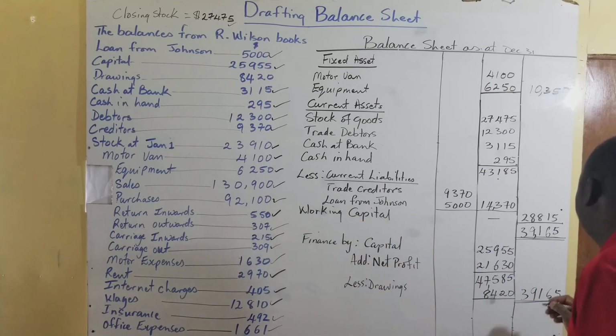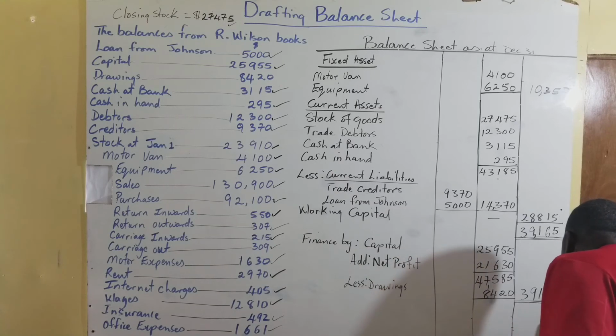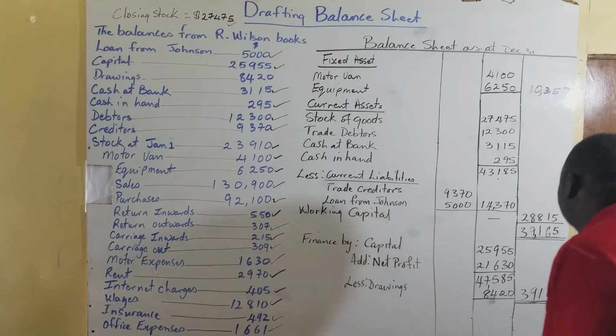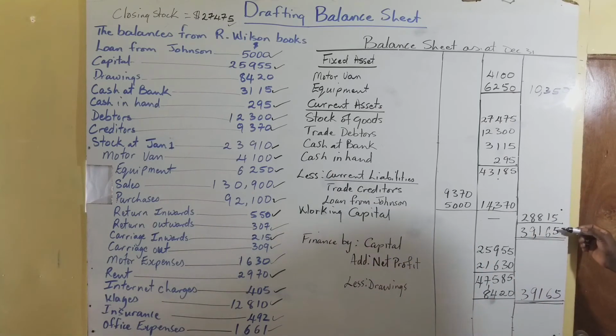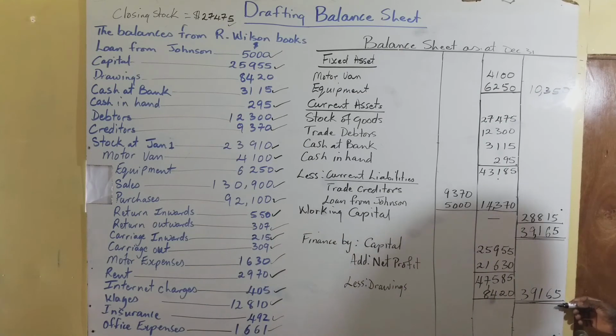We have successfully completed the balance sheet because the total asset is the same as the total liability. So we have balanced the account because we have now arrived at the same figure here and here. These are the total asset, total worth of the business. Our financing of the business is the same.